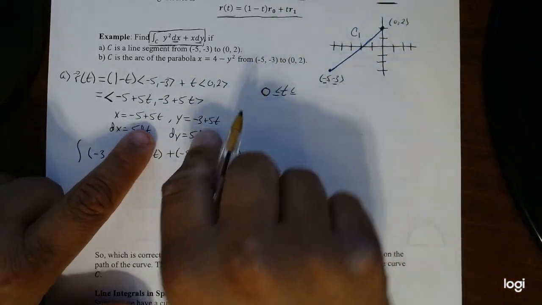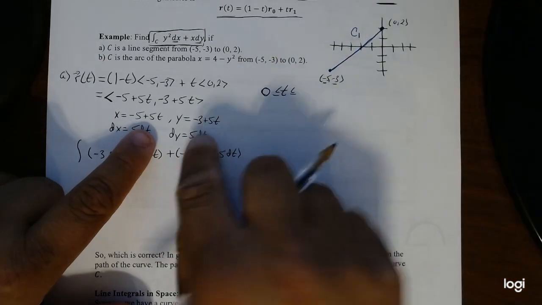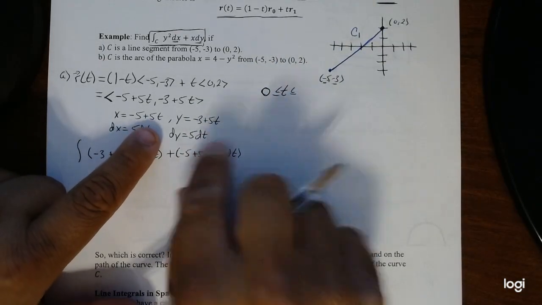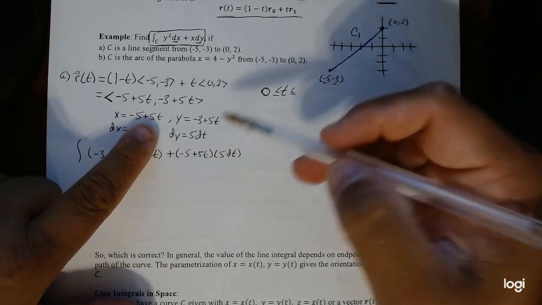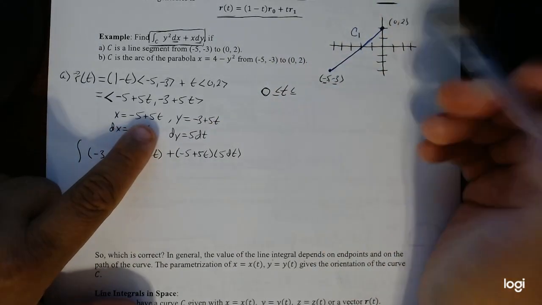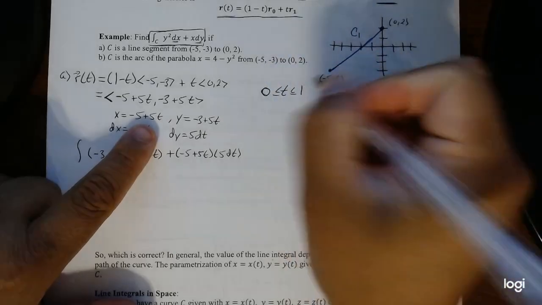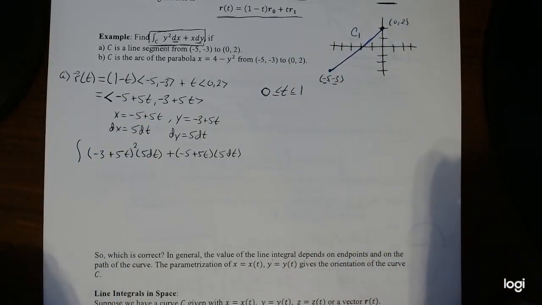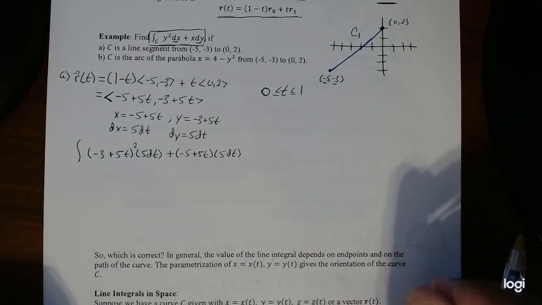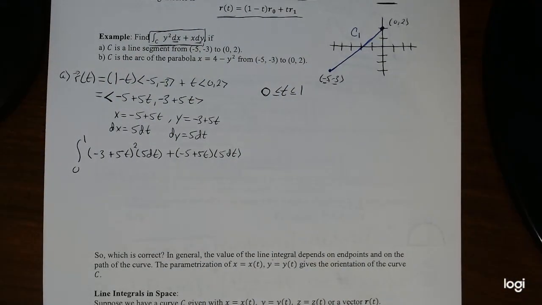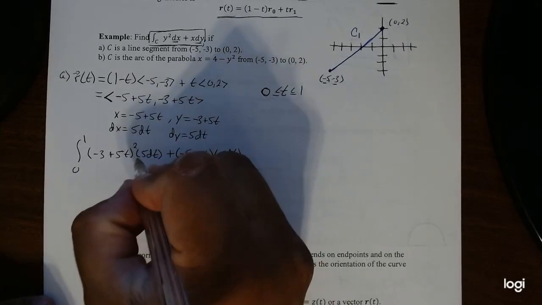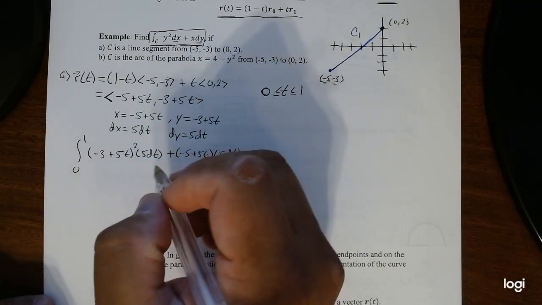Algebraically and geometrically, it isn't hard to realize. In order to get x to be 0, t has to equal 1. And if t equals 1, that also makes y equal 2. So the boundary is from 0 to 1.